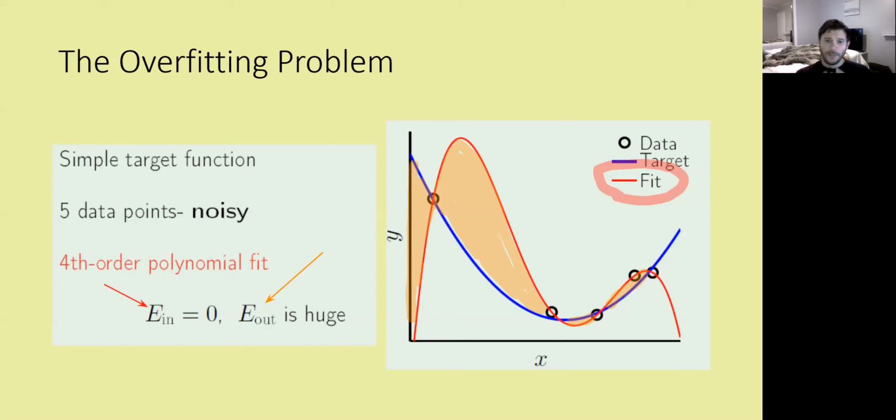But note, we're doing a terrible job at actually predicting the underlying target function, the underlying data generating process, which again is this blue line. And our model, again, was the red line. That was our fit to the data, but it did not do a good job of predicting the underlying data generating process. We're going to look at a couple more examples here.